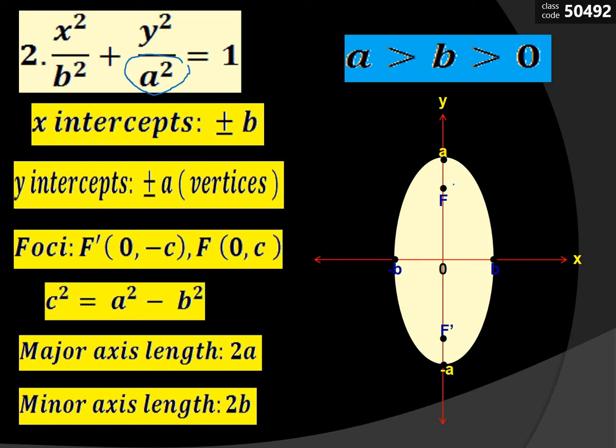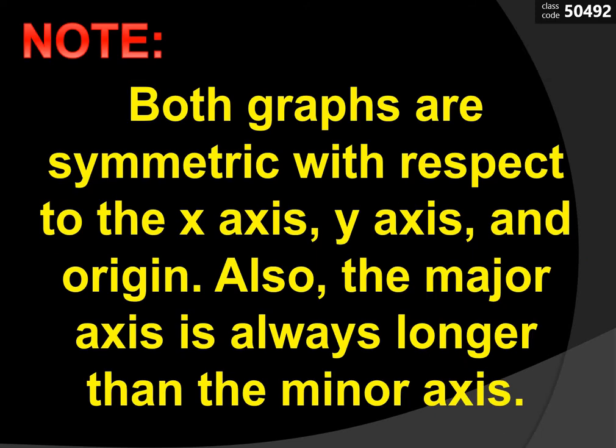As you can see, here is the first focus, and the other focus, represented by positive c and negative c. Here we have negative b and positive b. Upper is positive a and the lower is negative a. So this is the scenario of an ellipse having a center at 0, 0 if b is less than a but greater than 0. Okay, let's move on.